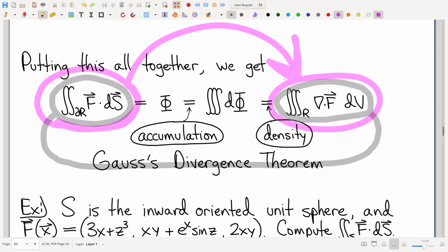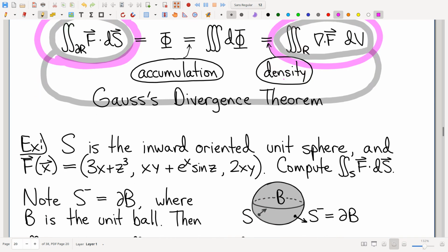It's just a computational tool, kind of like integration by parts from Calc 1. Integration by parts turns integrals into other integrals that, fingers crossed, we hope will be nicer. So here I'm turning an integral that would have been really ugly to compute, check out this horrifying nonsense, into a different integral. And fingers crossed, simple, and it's going to work out very nicely, as we'll see in just a moment.